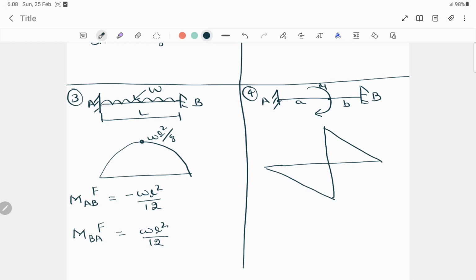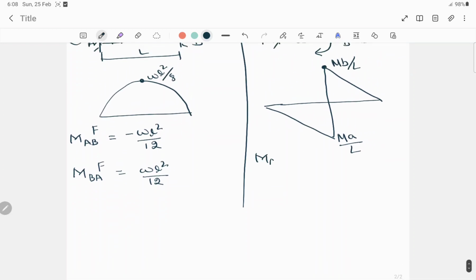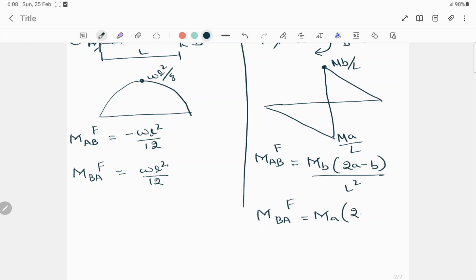The maximum moment on the upper side will be MB divided by L, and the lower will be MA divided by L. So the fixed end moment from A to B is MB bracket 2A minus B divided by L square, and the fixed end moment from B to A will be MA bracket 2B minus A divided by L square.